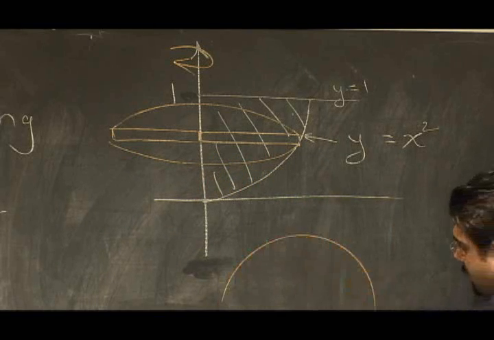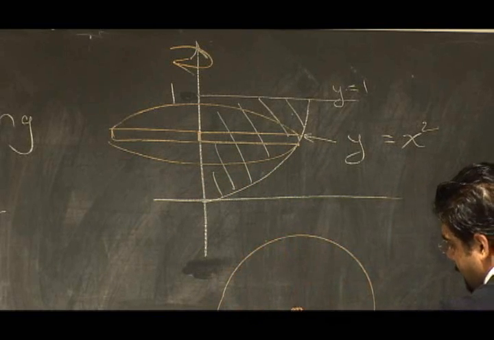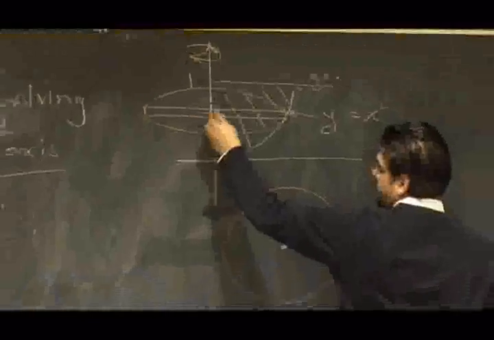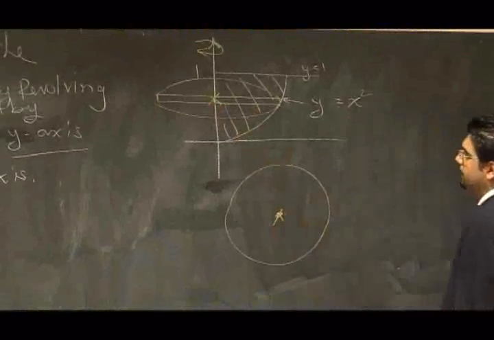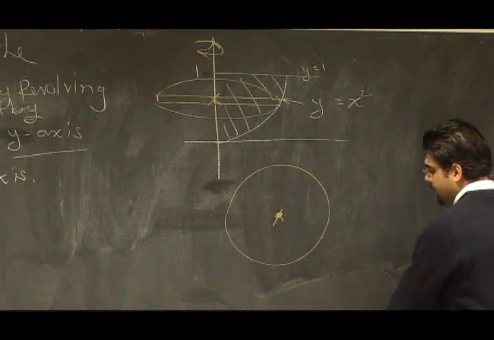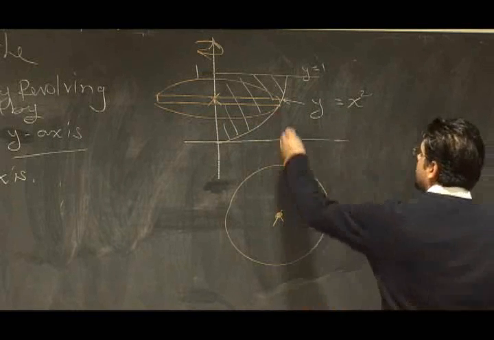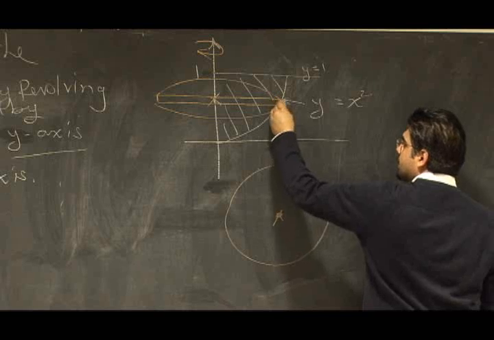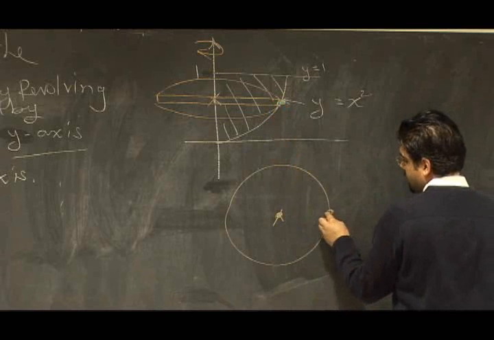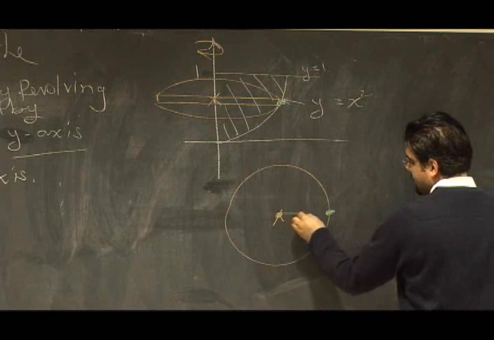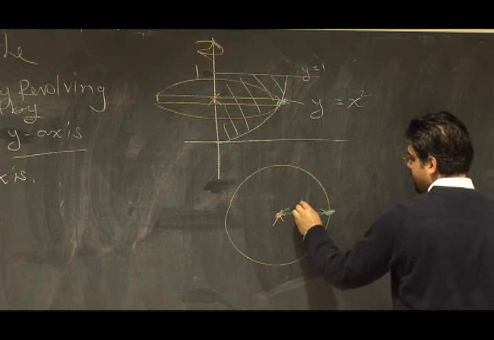So if we draw that disk here, the center of that disk is this point over here. And the point that the rectangle touches the curve at is this point here. And that distance is the radius.